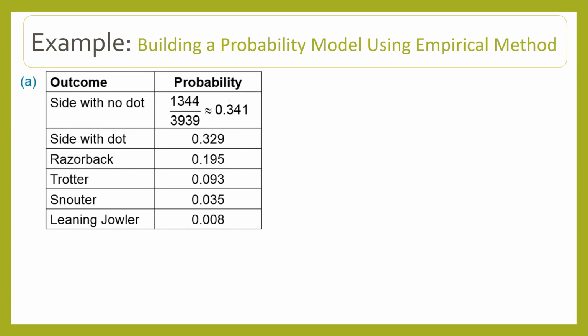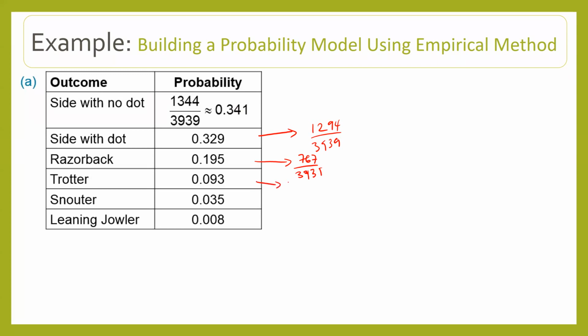So remember, the first number is 1344 divided by the total, 3939. That's where we get 0.3411. This one corresponds to 1294 divided by 3939. And this one corresponds to 767 divided by 3939.